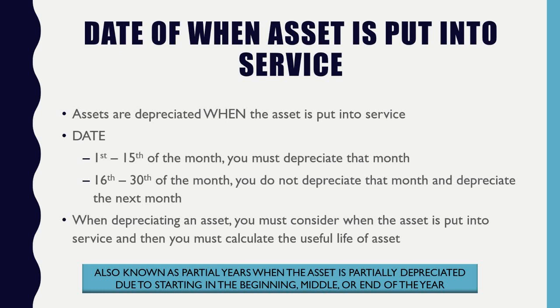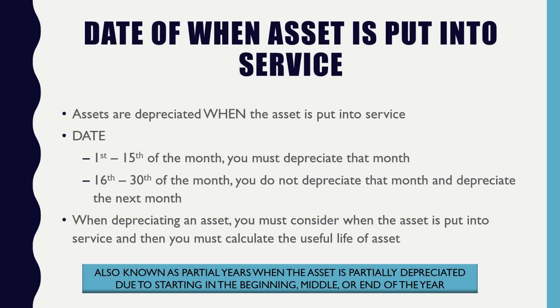So that's why, with the date that you place into service, we must treat our assets like our children. Just because we place our assets into service as of June or October, like I've mentioned, that doesn't mean it's already 1 year old once you reach the end of the year.